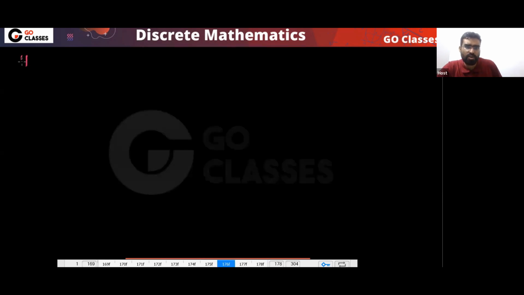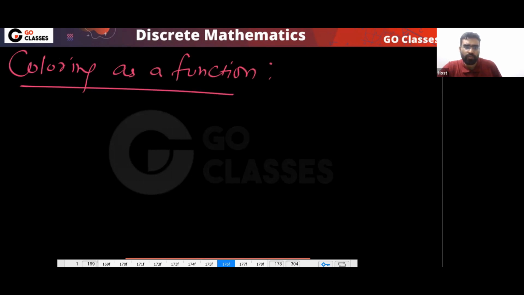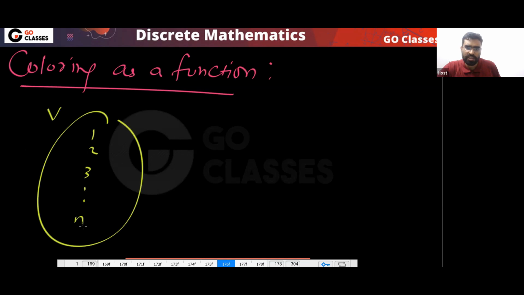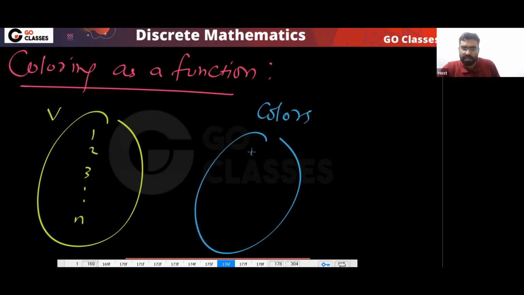See, this is the definition of coloring as a function. You can think of this coloring as a function. So what you are doing? These are your vertices, 1, 2, 3, and so on, and these are your colors, like red, green, blue, and so on.